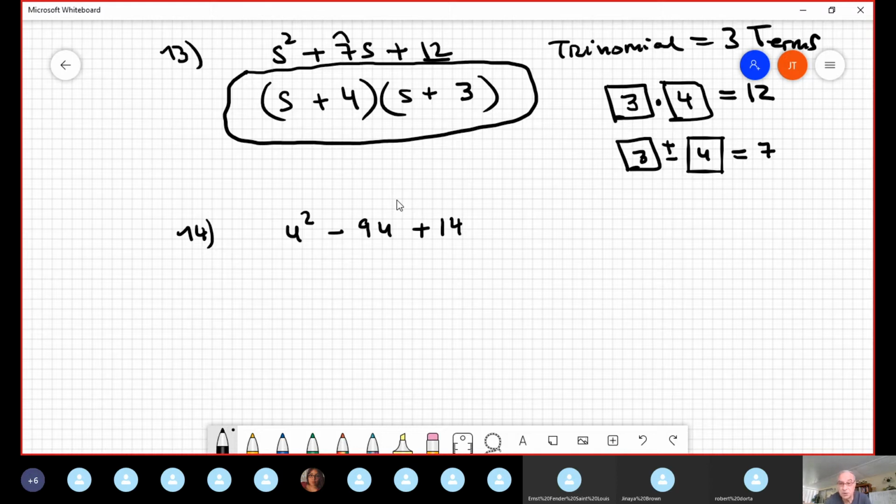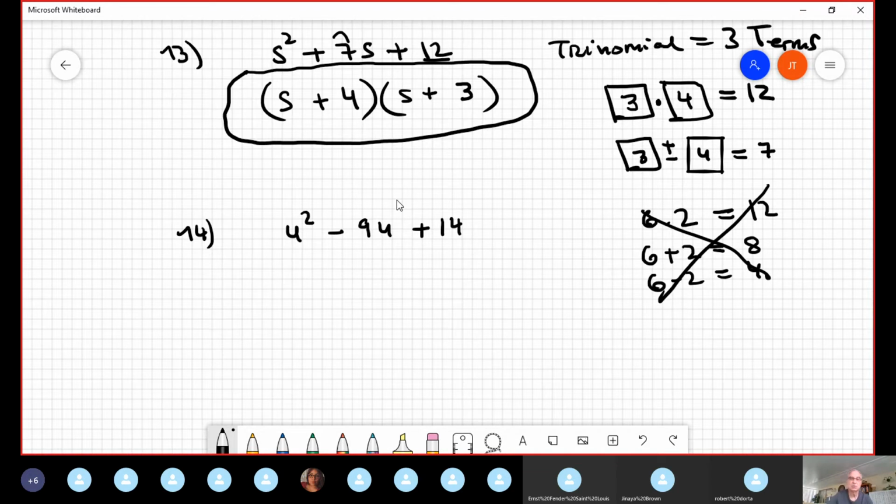Suppose you are doing 6 and 2. Okay, 6 times 2 is 12. I agree with you. But 6 plus 2 is 8. And 6 minus 2 is 4. Never 7. Therefore, that combination doesn't work. Clear? Yeah. Okay. Thank you.